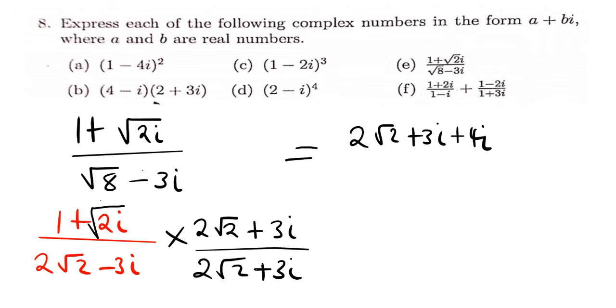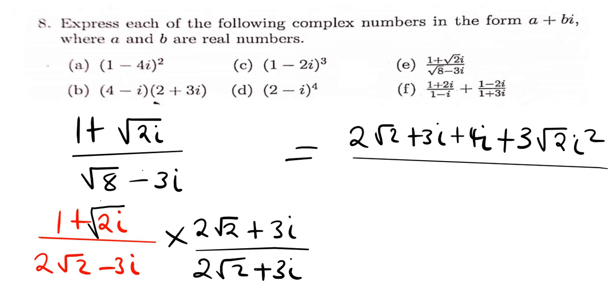I'm going to have plus 3, then root 2 i squared, because the i's are 2 of them. Then down, like I said, I'm going to use the difference of 2 squares. But before we do that, let's first finish up with what we have on top.